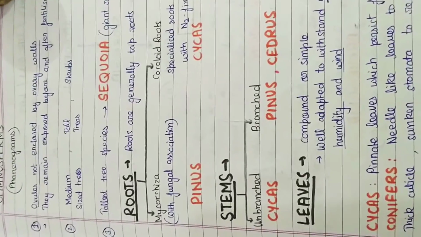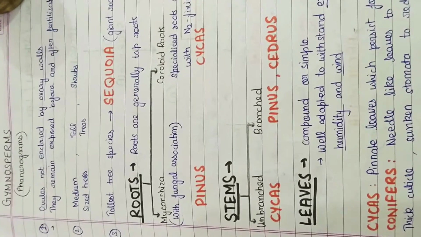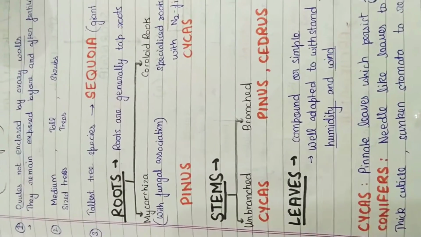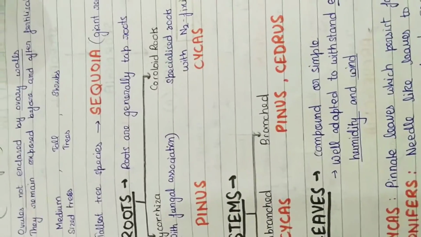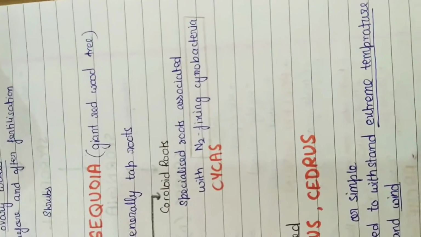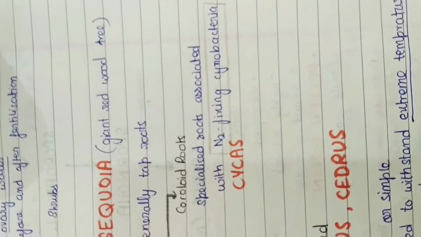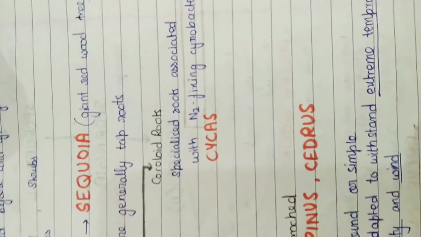I have written the more important examples in red bold letters, as you can see. Mycorrhiza is a fungal association, and the example of mycorrhiza is Pinus. Then we have coralloid roots, which are specialized roots associated with nitrogen-fixing cyanobacteria, and the example is Cycas.